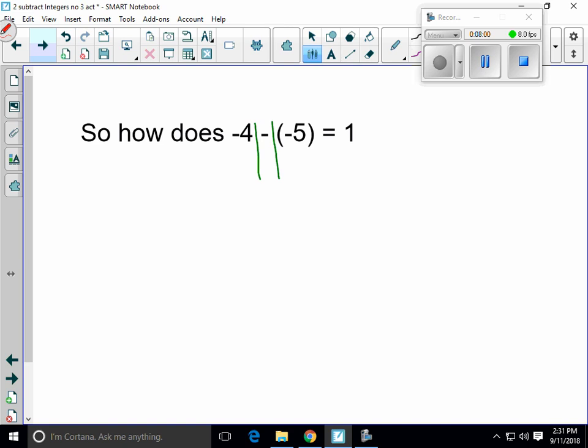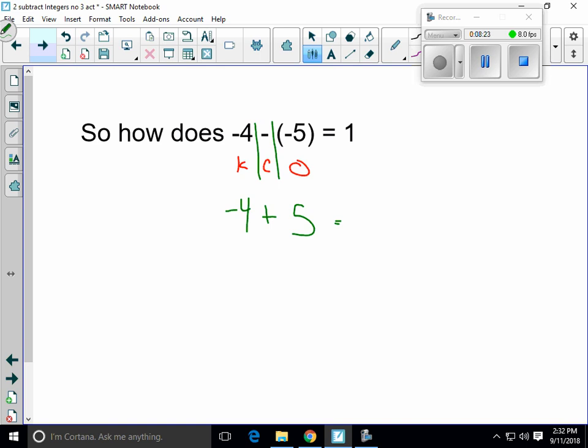Okay, so I'm going to keep the -4. I'm going to change the minus into a plus. And the opposite of -5 is +5. So -4 plus 5. I owe $4, I have 5.